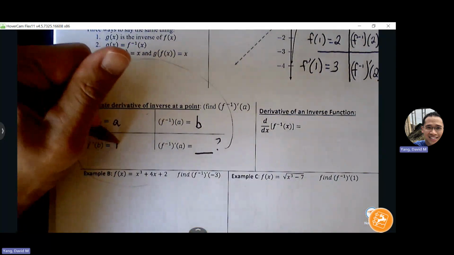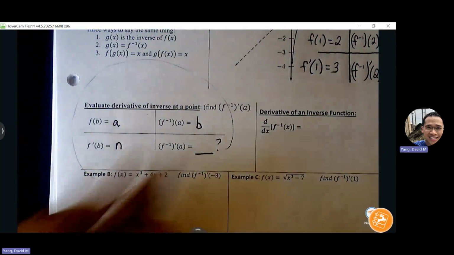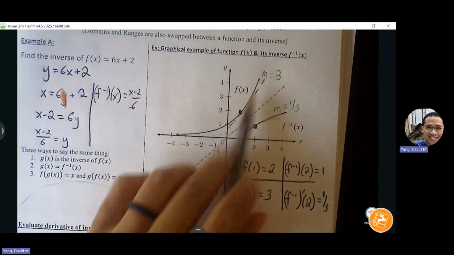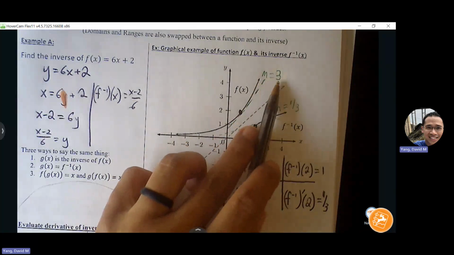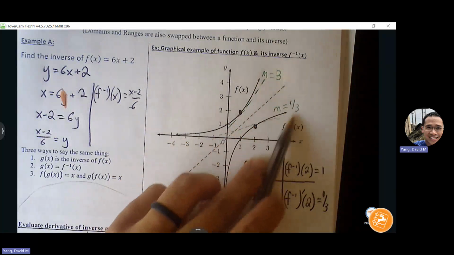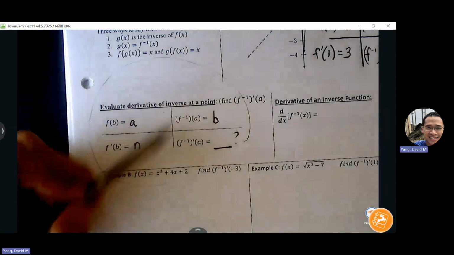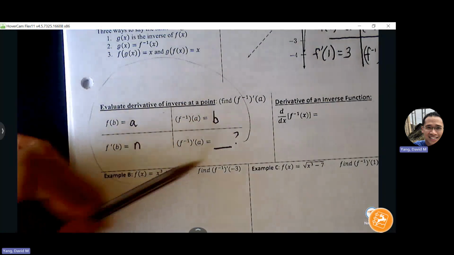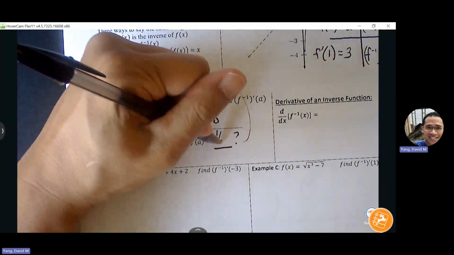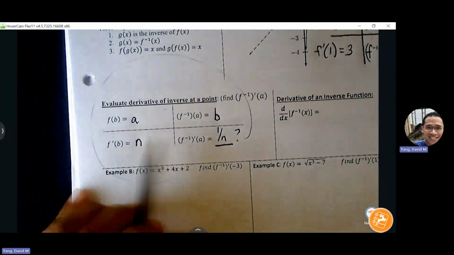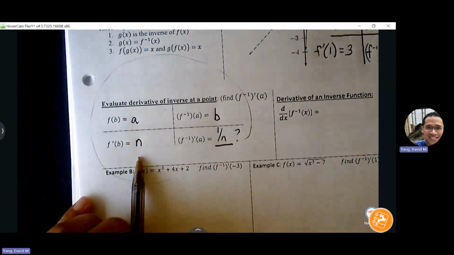Let's say that gave me a slope of n. Then I can turn around and say, if this is a slope of n, then the slope of the inverse must be 1 over n. So all my work is going to be done on the function side. I'm not going to do any work on the inverse. I'm going to use the relationship to establish that my slope must be the reciprocal of the function's.